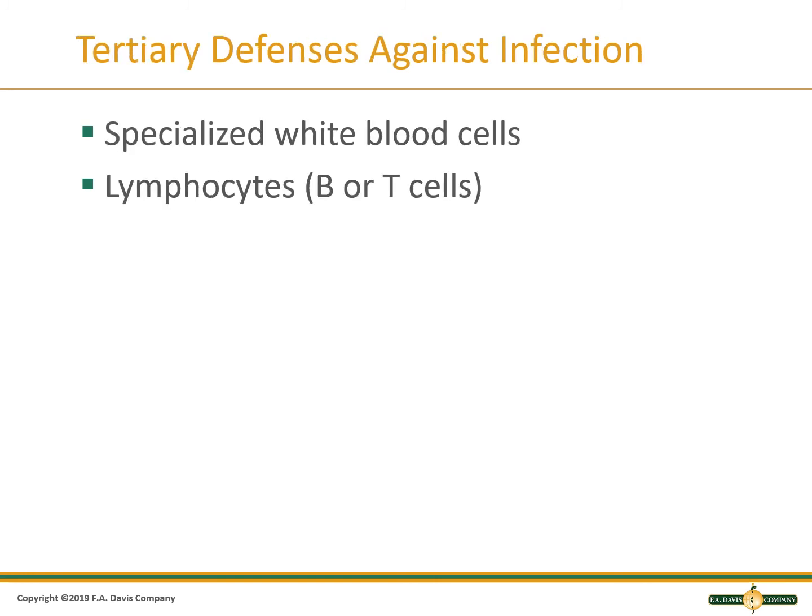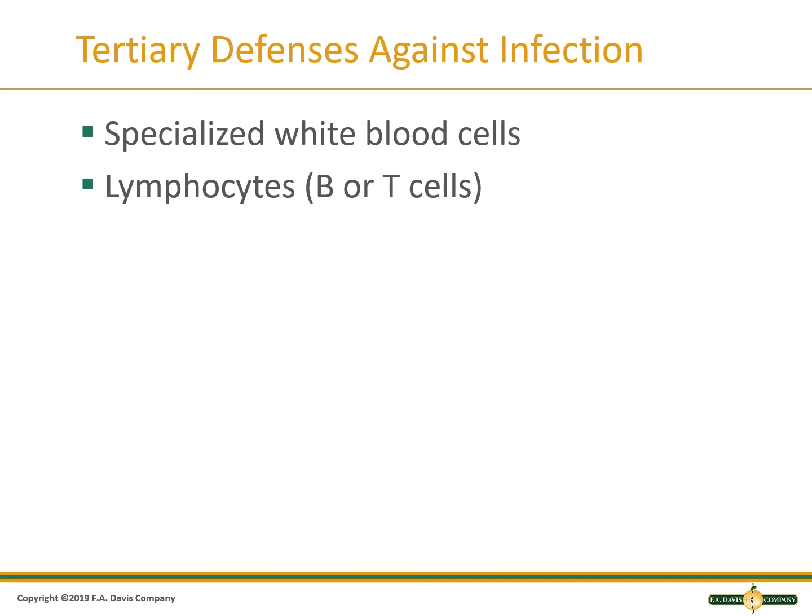Now we're going to talk about the tertiary defenses. The third line of defense involves specialized white blood cells called lymphocytes that fight infection, either as B cells or T cells. These lymphocytes are found in lymph tissue such as the spleen, thymus, lymph nodes, and tonsils. They also are circulating in the blood, searching for invading pathogens, which they identify by their surface proteins.